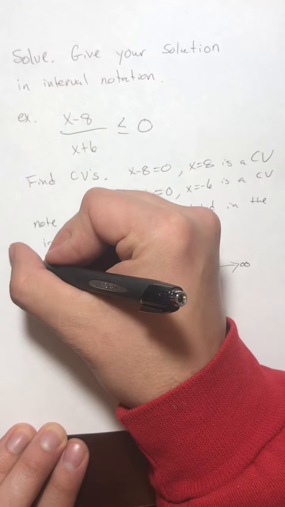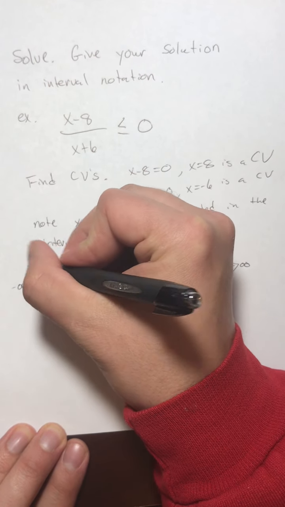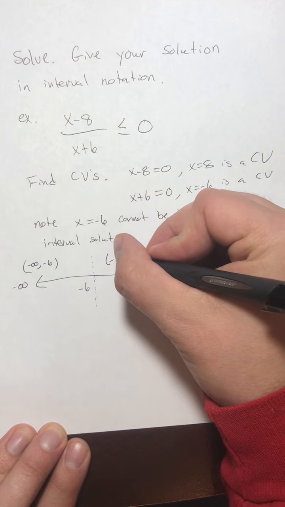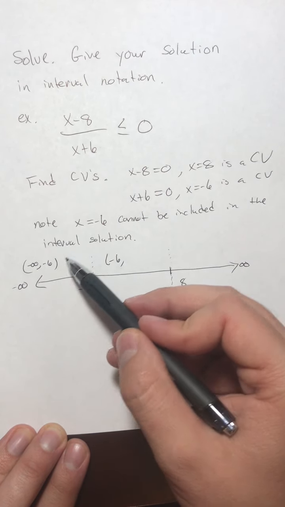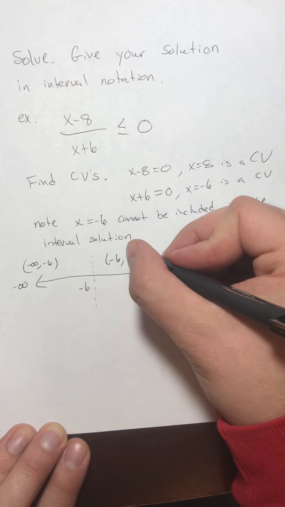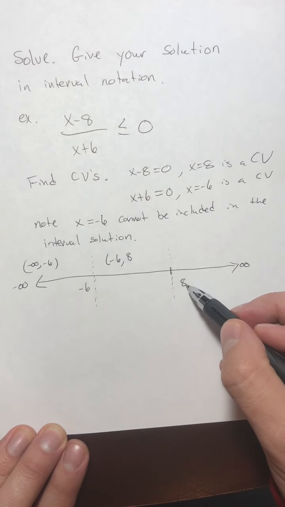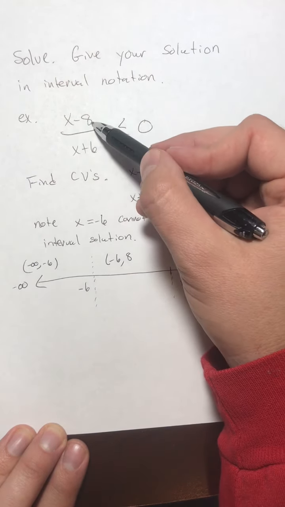So the interval on the left is negative infinity to negative 6. I just like to label them. So I've got a parentheses next to the negative 6. x equals 8 is a CV from the numerator.